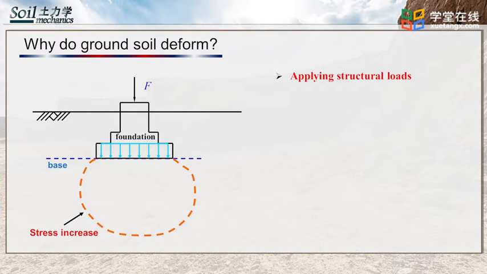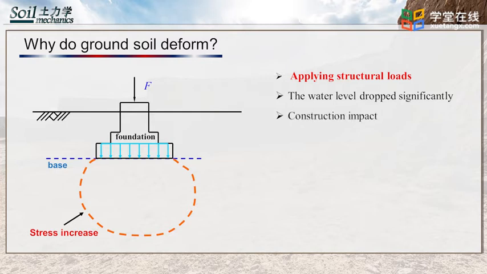Except for structural load, there are many other factors which can lead to deformation of ground. For example, the water level dropped significantly. The buried stratum soil in the foundation trench is disturbed due to construction impact. Subsidence is induced by vibration.